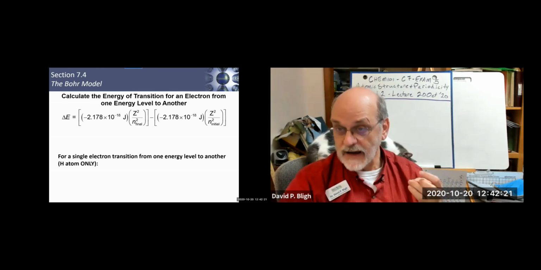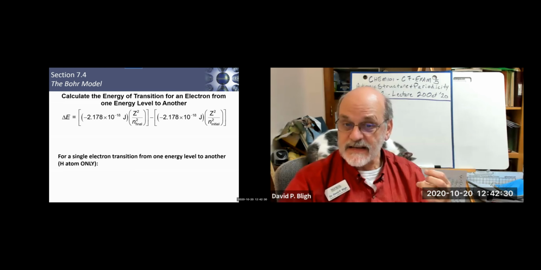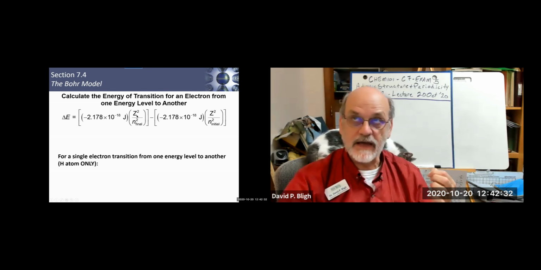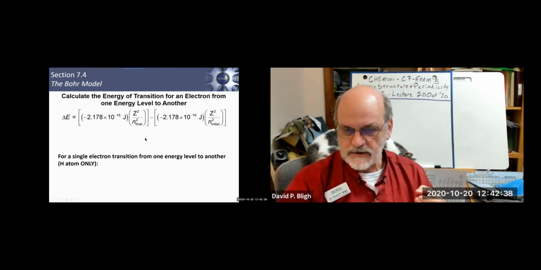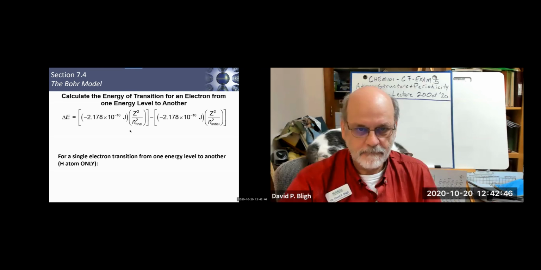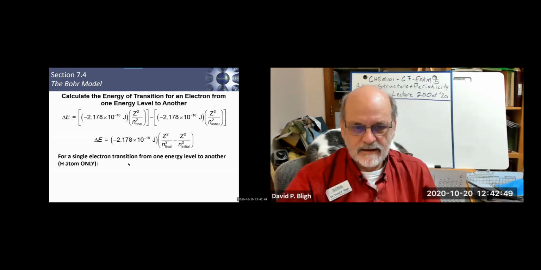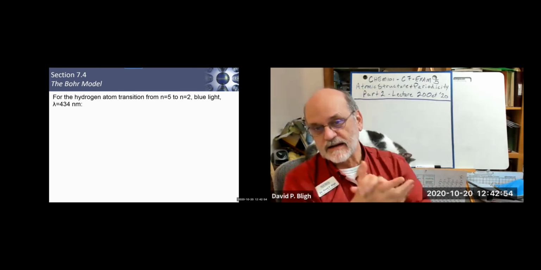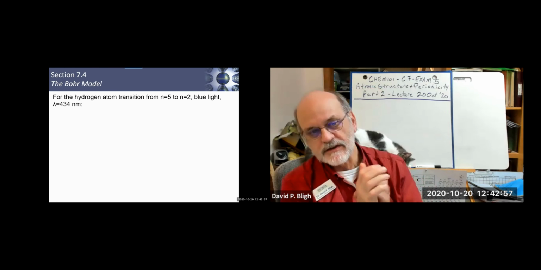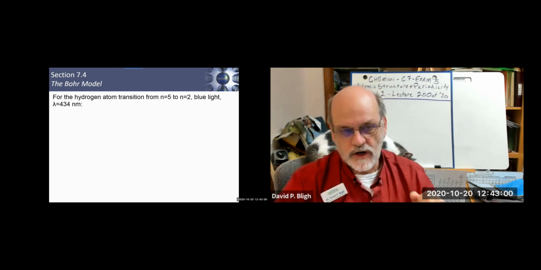Helium atom or helium ion would be valid for this formula. And for the Z, you would have to put in 2 because helium has 2 protons. And that's true for any of the elements. You have to strip off all the electrons but 1 before this formula will work. Okay. And I think there are some problems like that in your review document, at least one of them, that asks that question.